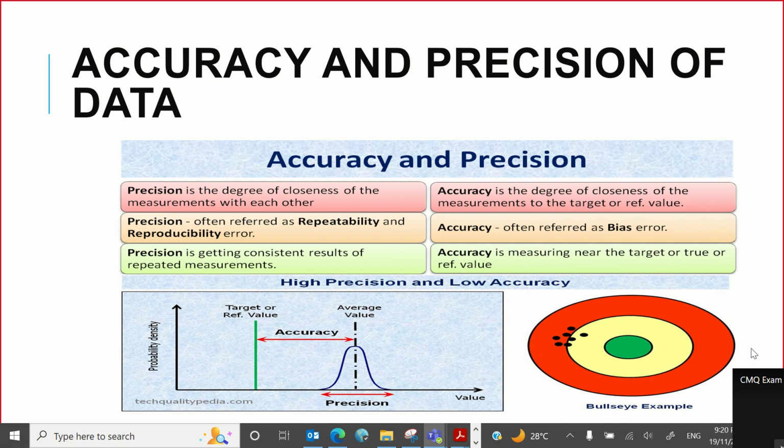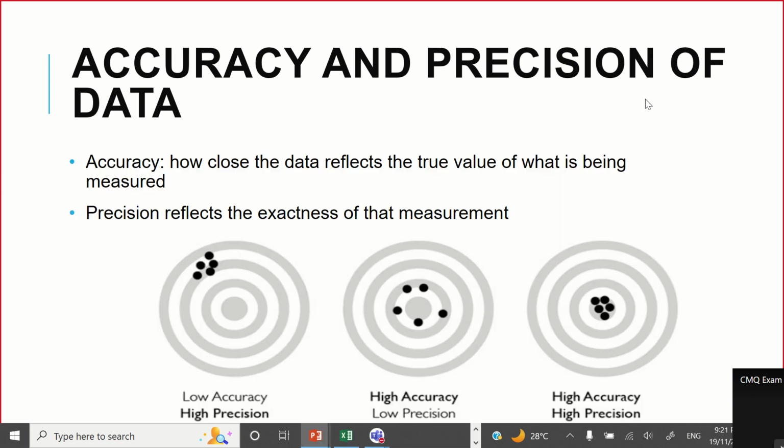What do you think about this example? Is it high precision, high accuracy? What do you think? Anyone else thinks differently? Yeah. So this is similar to what we did here, where we said it is low accuracy and high precision.